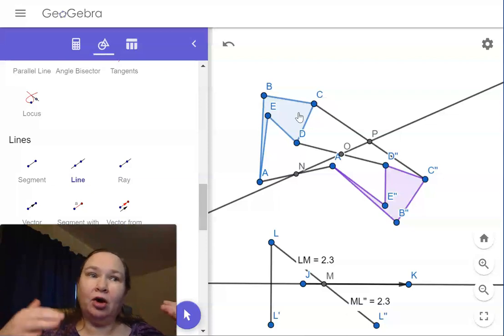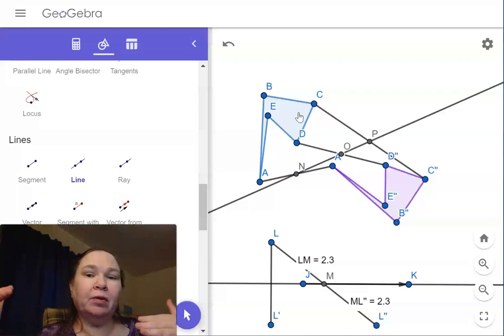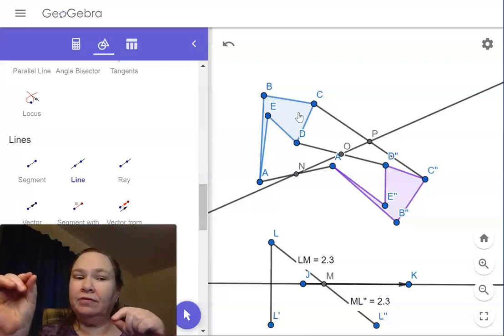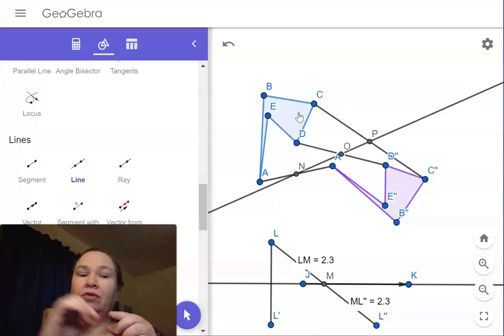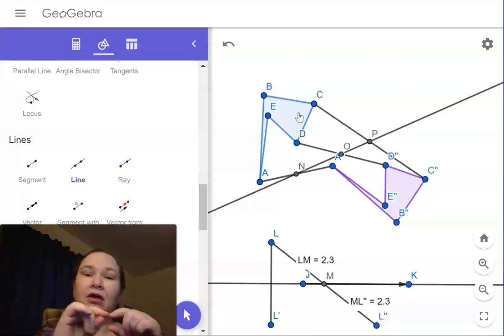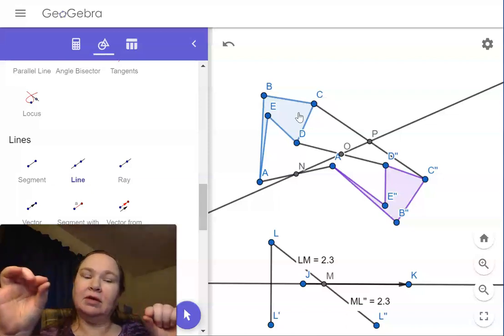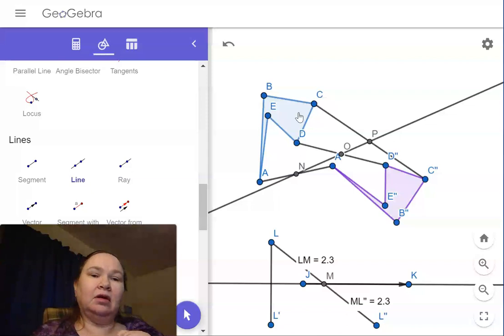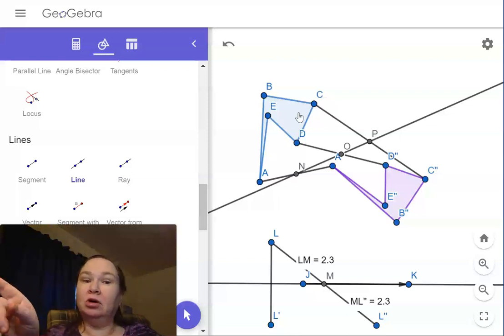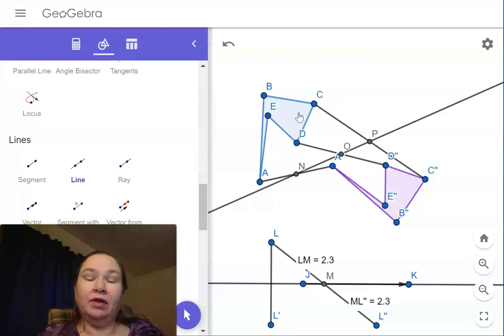That's, I hope, what you discovered when you experimented with gliding first and then reflecting, or reflecting first and then gliding: if they have to be in the same direction or in the same line, then you get the same thing, no matter which order you do it in. If the vector doesn't go along the line, then you don't get the same thing from the different orders.